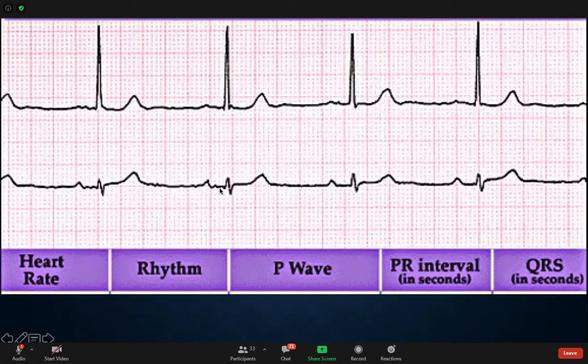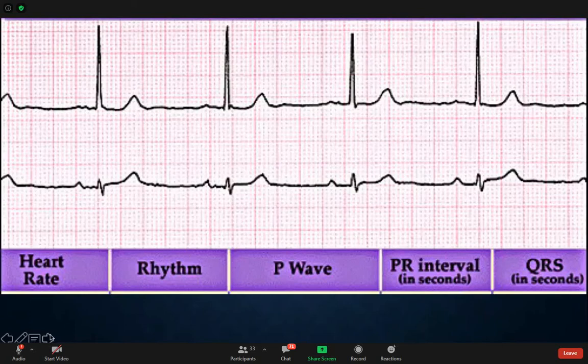Is there any PR interval? From the beginning of the P until the beginning of the R is about one big square, so it's 200 milliseconds, which is normal. The QRS is less than 3 small squares, so it's narrow.